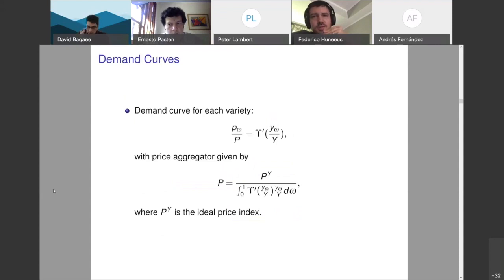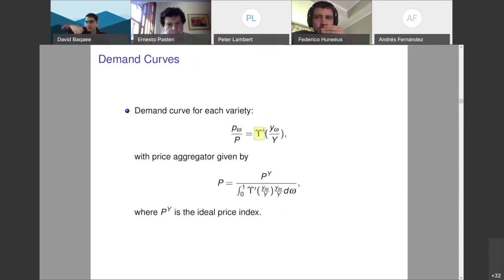Now, what's useful about these Kimball preferences is if you solve for the demand curve for every variety, you see that it has a very nice form, which basically says that the relative quantity of variety omega is a decreasing function of the relative price. Okay? And this upsilon prime, which is the derivative of the Kimball aggregator, is giving you the shape of the demand curve.